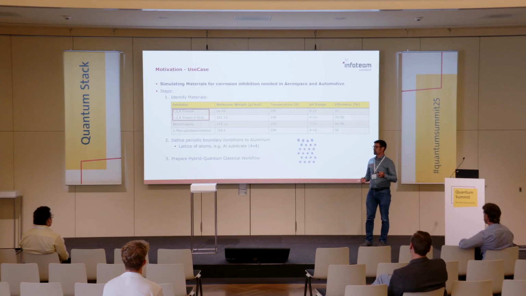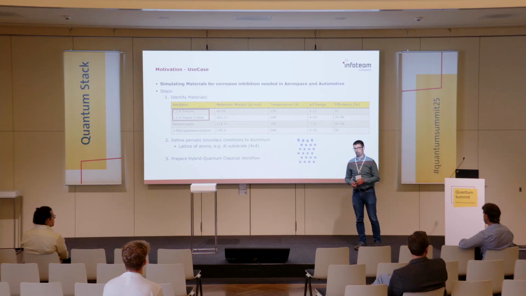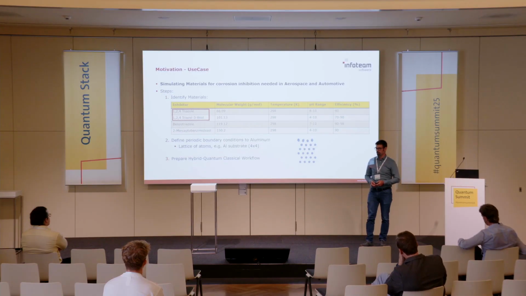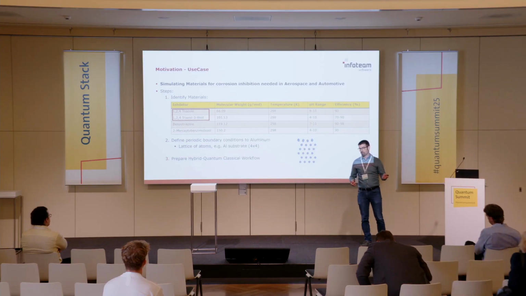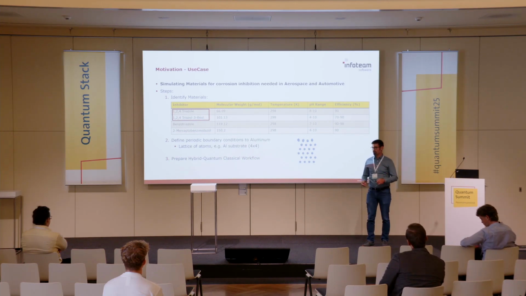There we chose two inhibitors for our proof of concept: the 1,2,4-triazole and a derivative of that, the 1,2,4-triazole-3-thiol. We chose them because they are relatively temperature stable, they are in the correct pH range and have a high efficiency, and are also small, so that we have a chance to get them also on hardware.